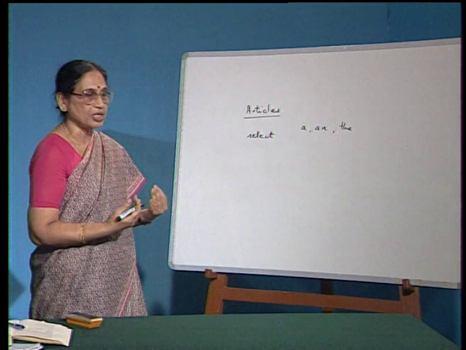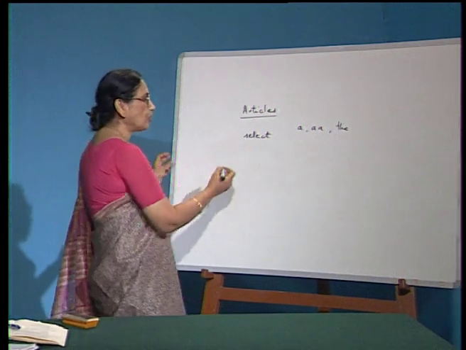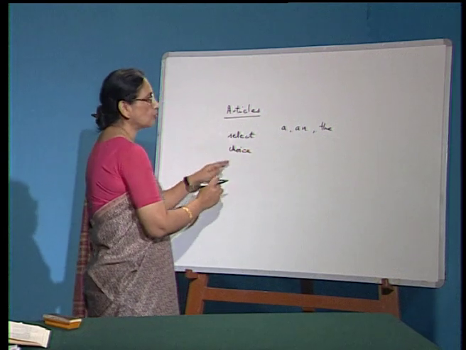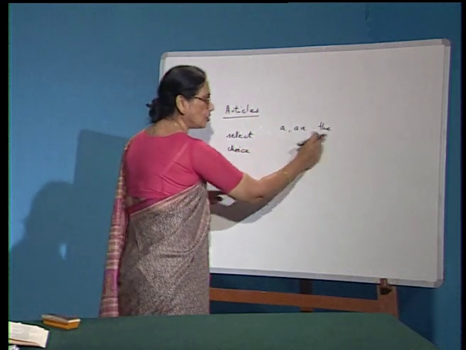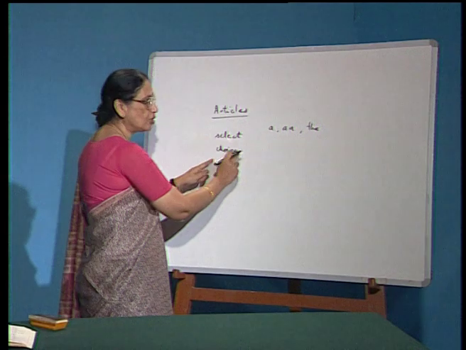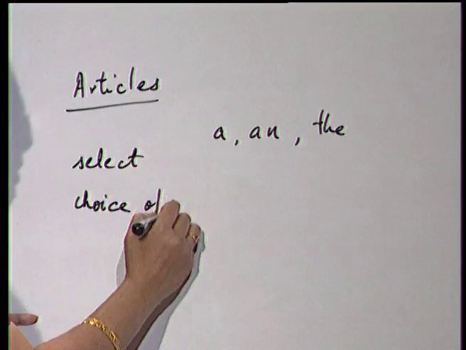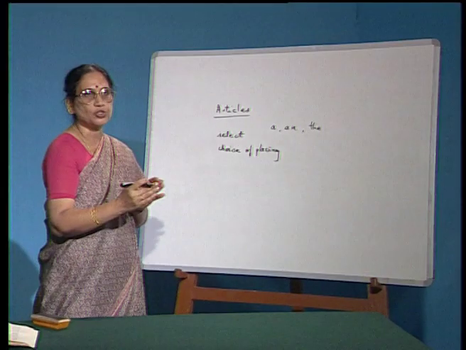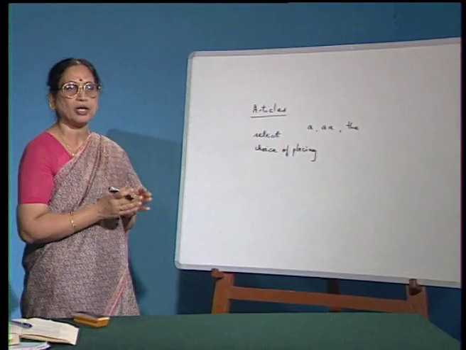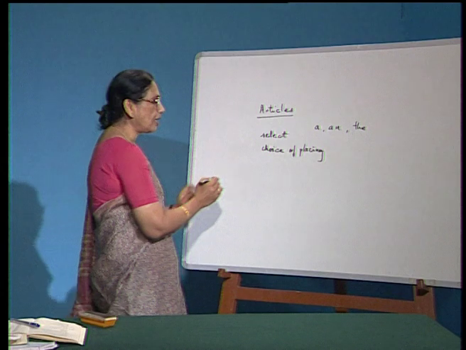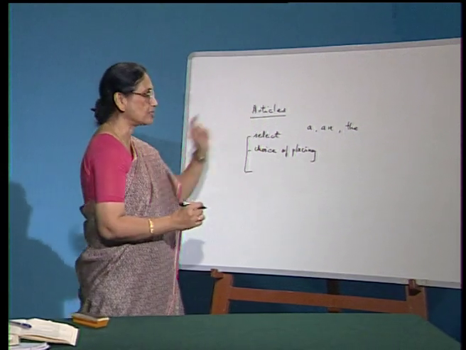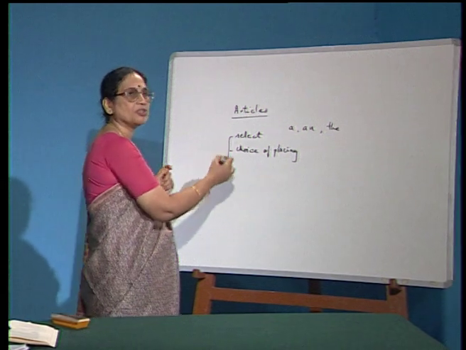Often we also have to make a choice about the use of the article, choice of placing the article. Where do we place the article? Where do we have to put it into a sentence? Where exactly does it belong in the sentence? And a third item that we need to remember when we use articles is whether the article is required or not.